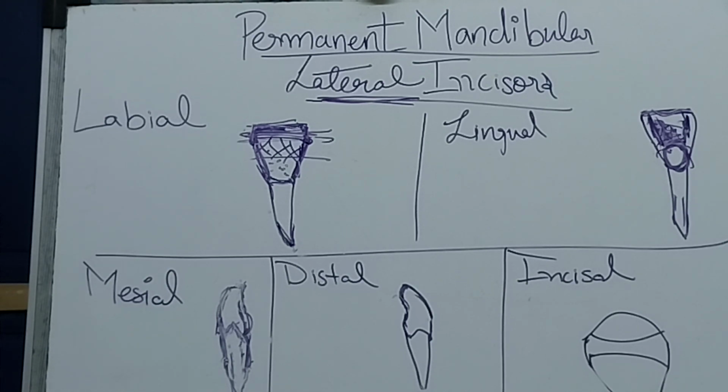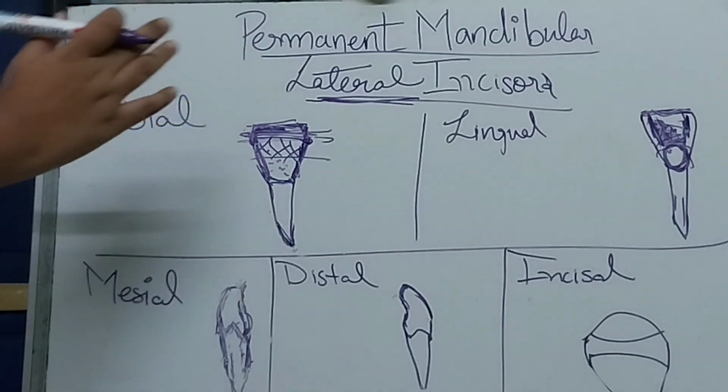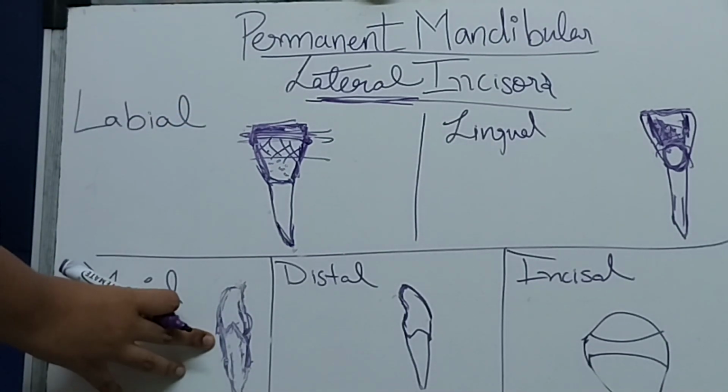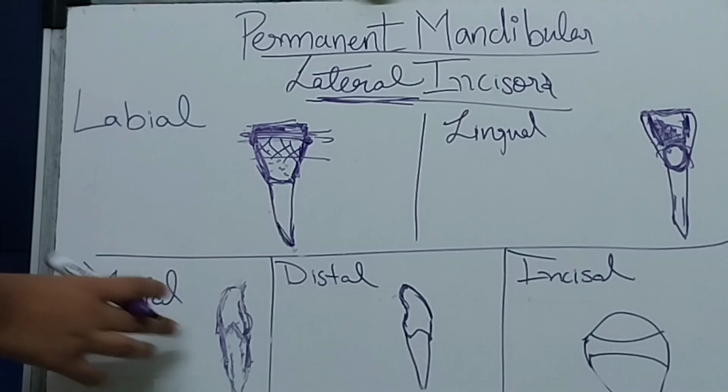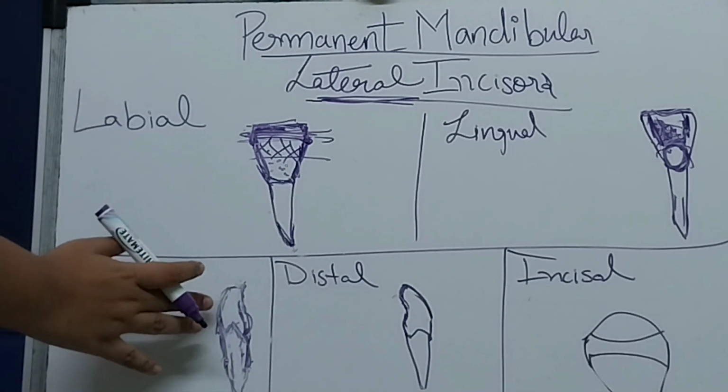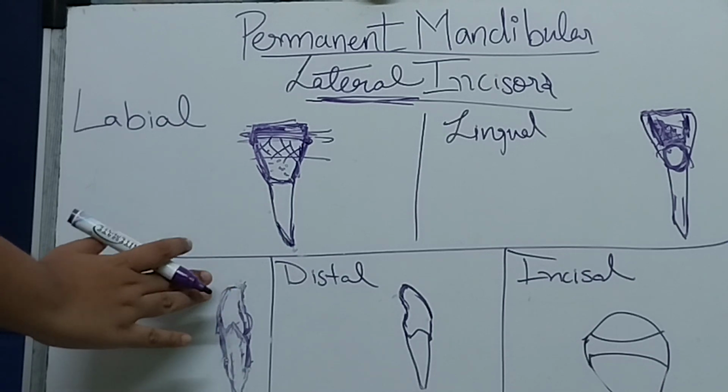Okay, the only comparison I'm telling you here is that the mesial contact area is more forward than the distal contact area, and the cervical line is also more forward.